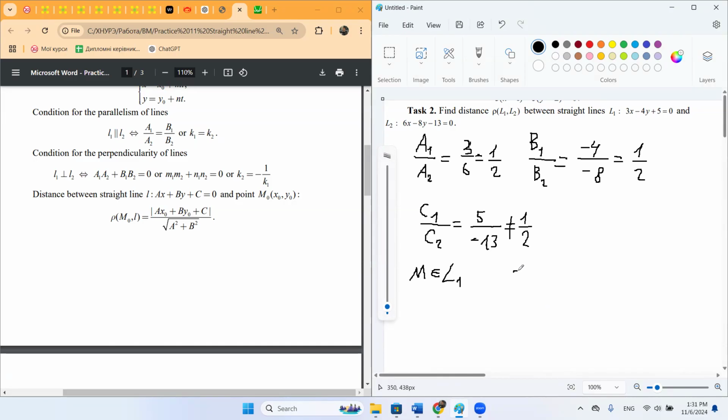X equals 2. Okay, x equals 2. So then 3 by 2 minus 4y plus 5 equals 0.